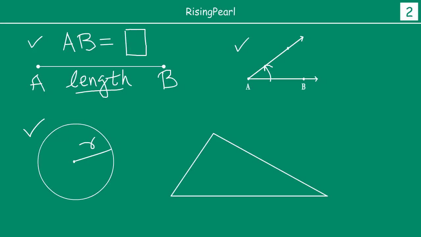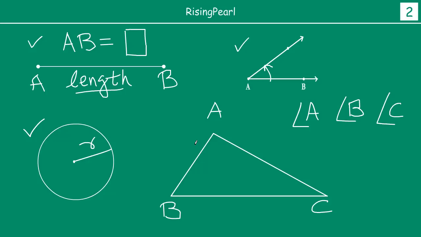This is very important to understand, because a triangle has three sides. Let's name this triangle ABC. Our triangle has angle A, angle B, and angle C. Also, it has side AB, side BC, and side AC.